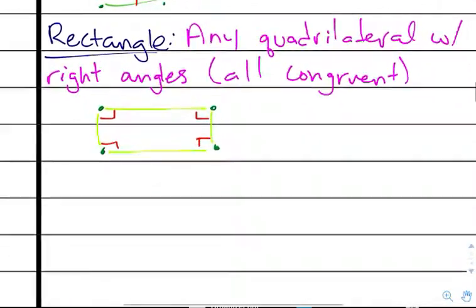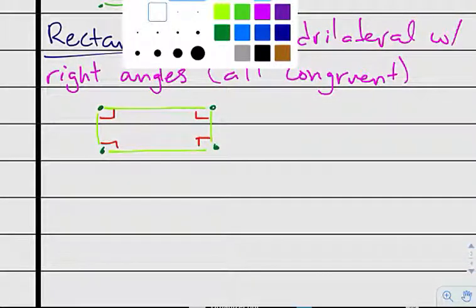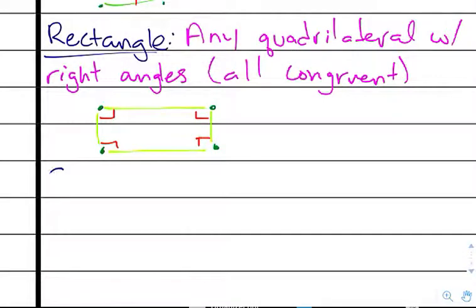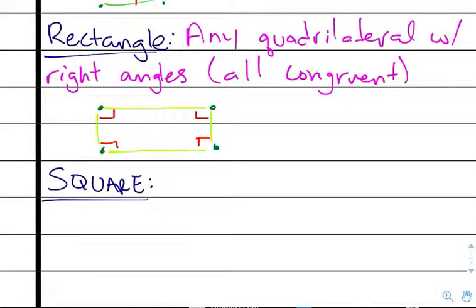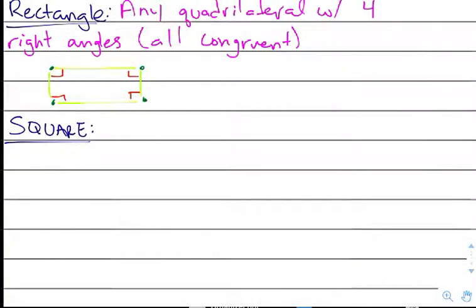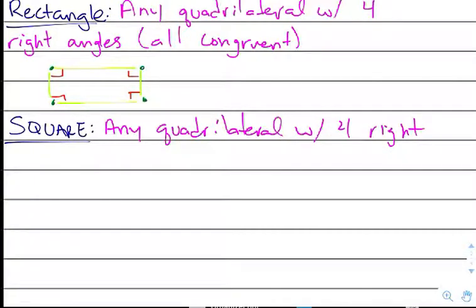Same is true if we push on and talk about square. Now, in terms of a square's definition, and there will be a little controversy here in a moment, I'll accept a square to be any quadrilateral with 4 right angles and all sides congruent.